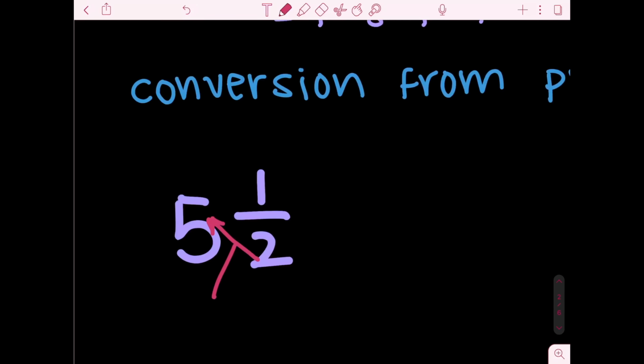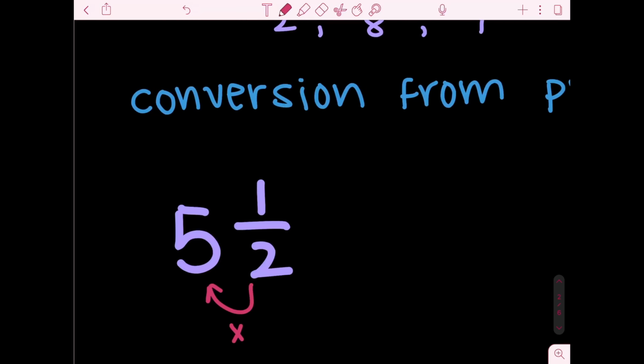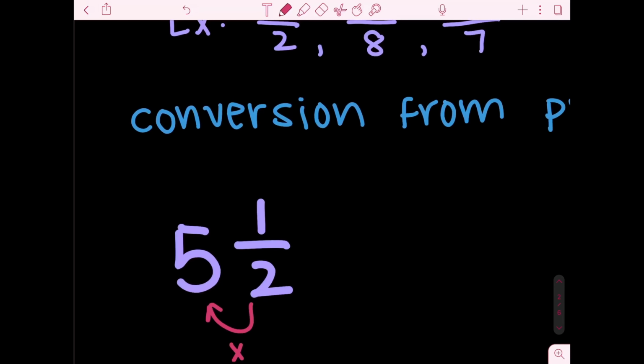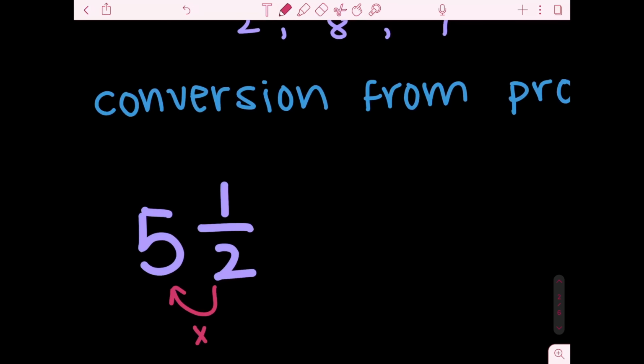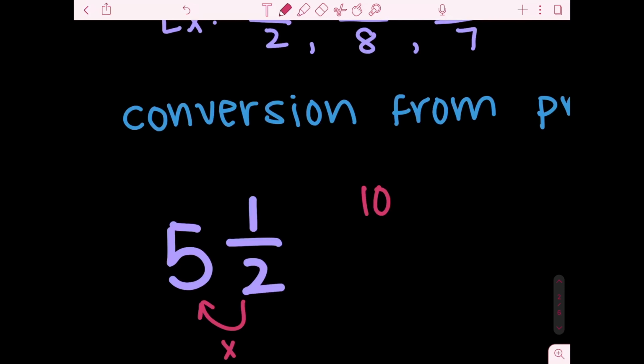So let me do it like this. This is our multiplication sign. So first of all, we're going to multiply our 5 by our 2. So we get 10. Then we're going to add 1 to that product.